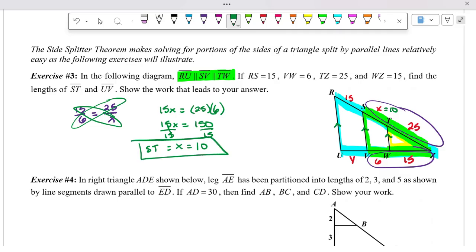Now, I then need to find UV. So, remember, I need two sides that make up a full triangle. So think about this carefully. In reality, all right, I'm using the blue and the green triangles.